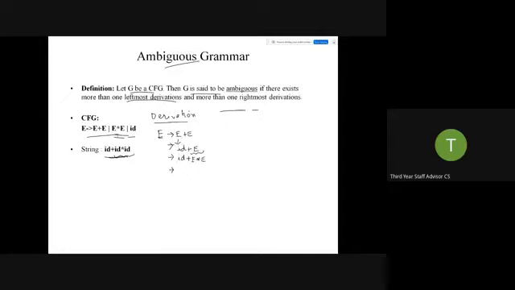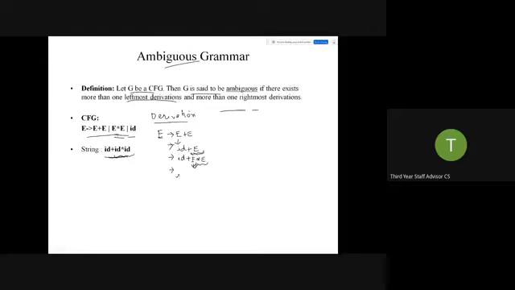Suppose I am taking like this. First of all, E is replaced with E plus E. Then the first leftmost E is replaced with ID. Next I am replacing this expression E with E star E. Then, in order to get ID plus ID star ID, next this E has to be replaced with ID.